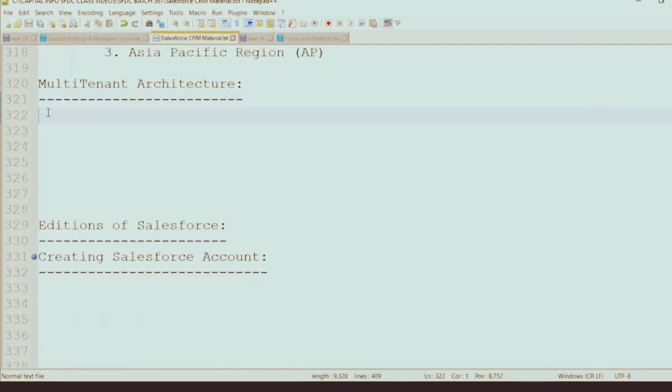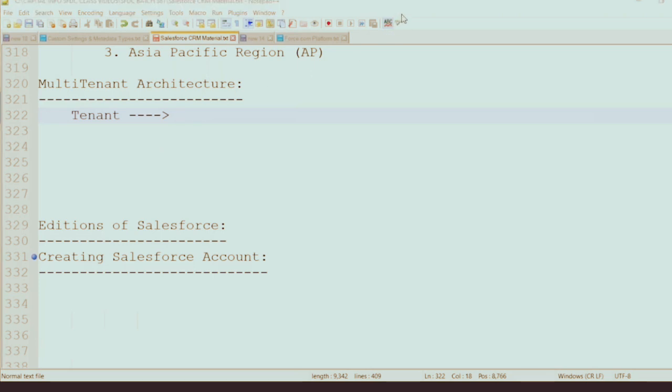Now, the next feature is multi-tenant architecture. We have to understand what exactly multi-tenant architecture is and what the various benefits are that we have with this multi-tenant architecture. Now, tell me, generally, what do you mean by a tenant?